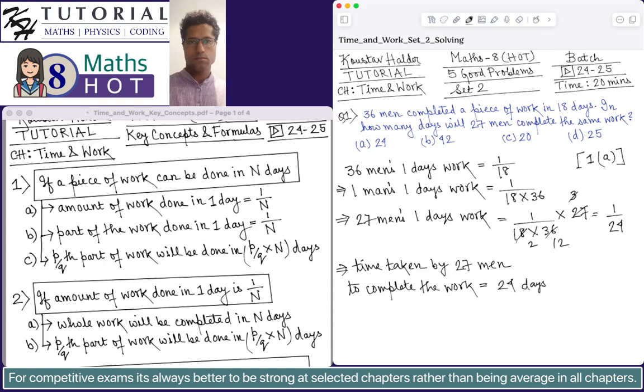From the fact that we know that 27 men's 1 day's work is 1 by 24, the whole work will be completed by 27 men in 24 days.